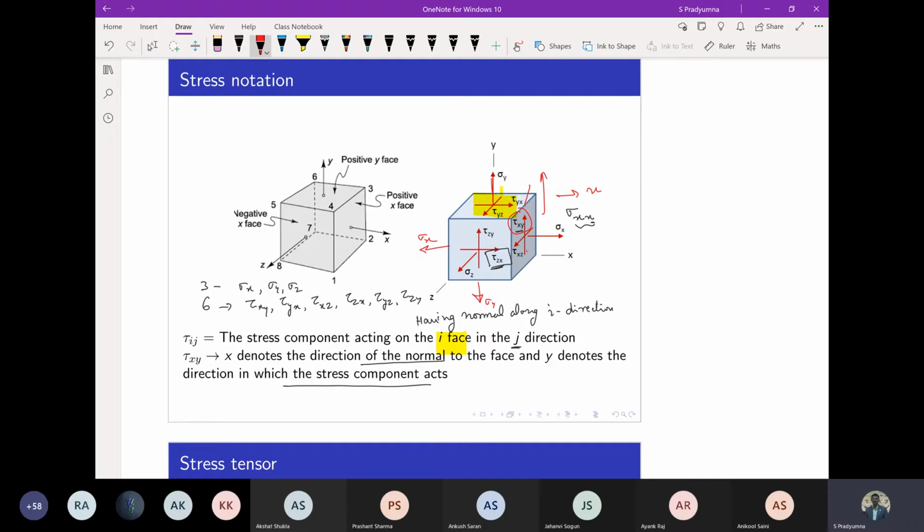Now we need to understand how we assign the sign to this stress. What is the sign convention we use?